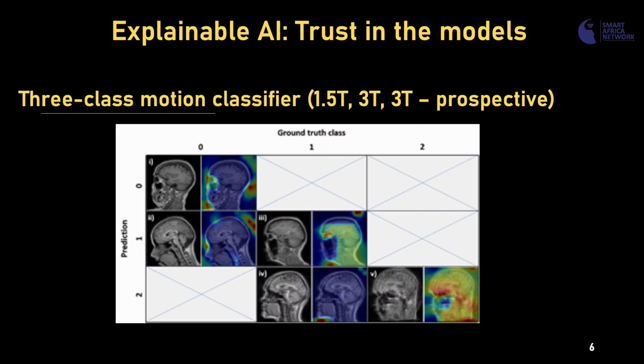These levels were indicated by the extent of motion that we put in the simulation in relation to the number of phase encoding lines that were corrupted, the degree of rotation, and also the number of motion occurrences. And as you can see, the hotspots between the no motion, moderate motion, and high motion get higher and higher as you go from left to right.